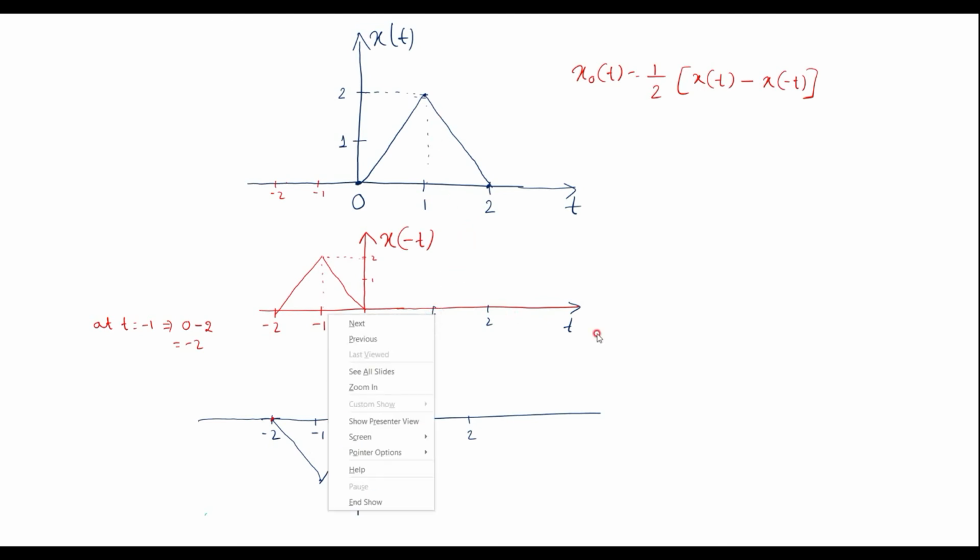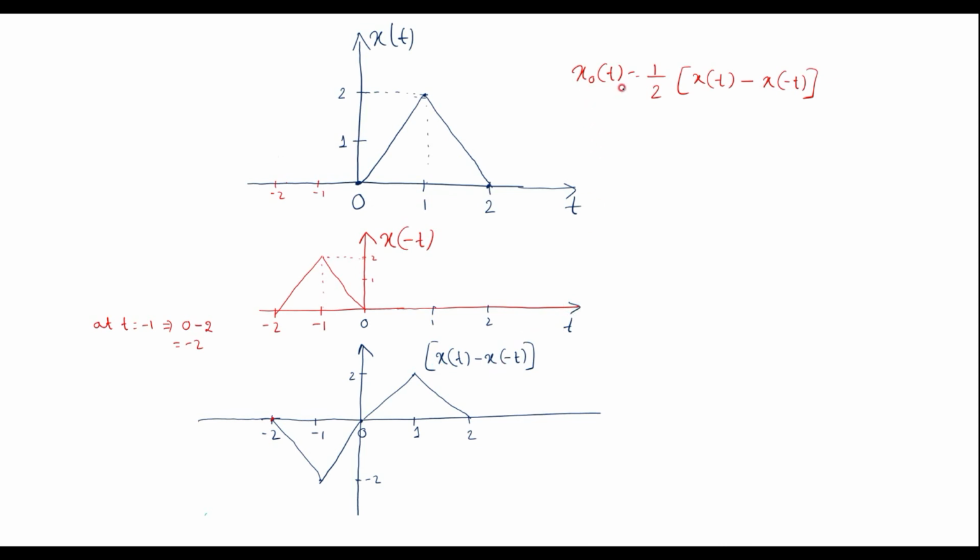So 2 minus 0 is 2. Therefore at t equal to 1 the amplitude of the signal is 2. We should join these 2 points. Now at t equal to 2 its value is 0. Here at t equal to 2 its value is 0. So 0 minus 0 will be 0. So this is x of t minus x of minus t signal.